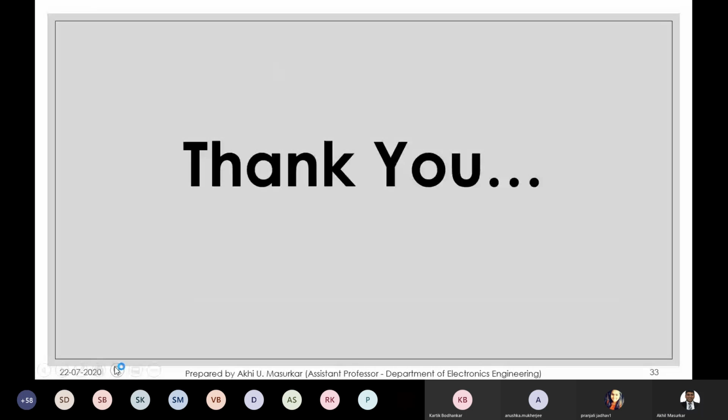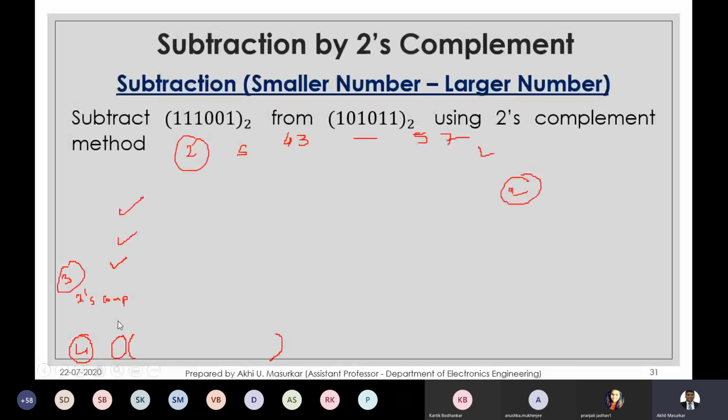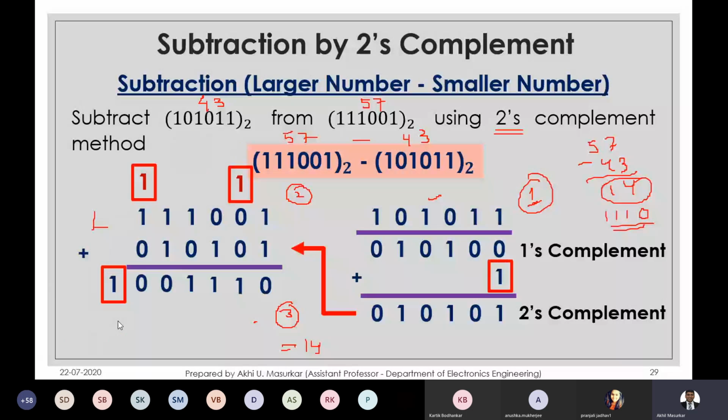So something about subtraction, okay? Just a minute.